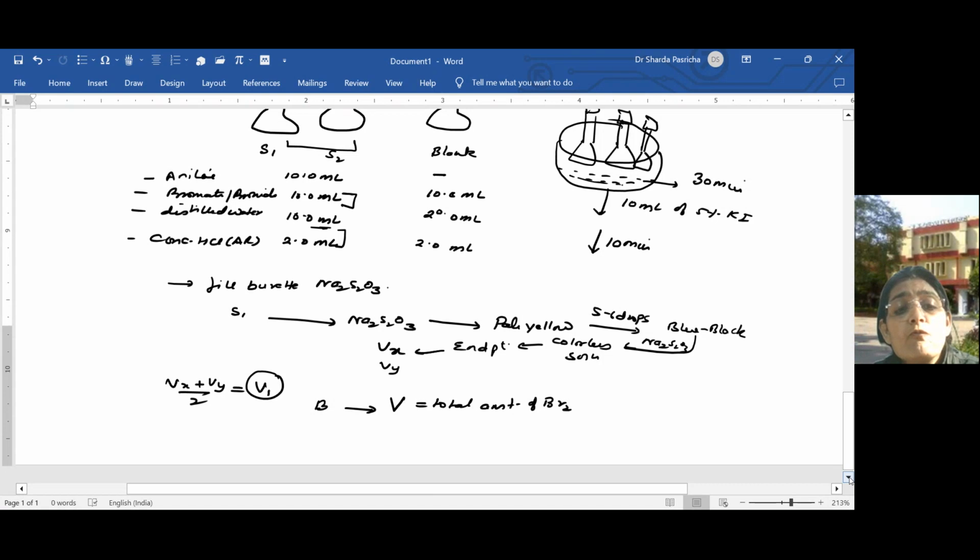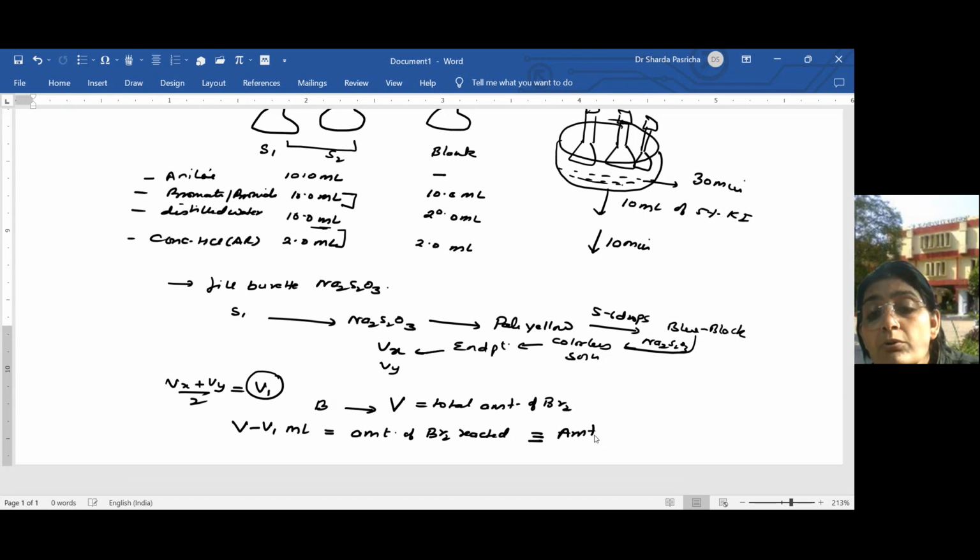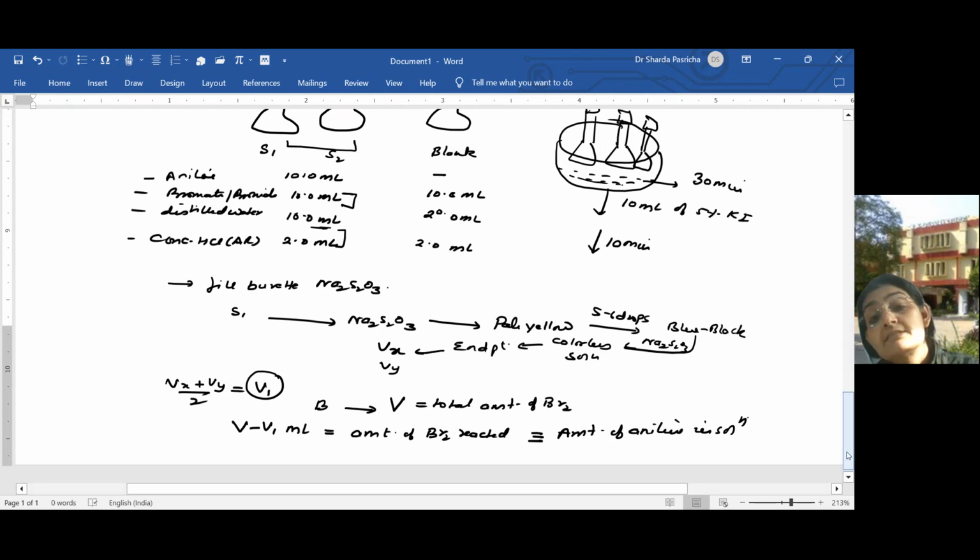So V minus V1 ml will be the amount of bromine which has reacted with aniline, which will be equal to, as I said, the amount of aniline in solution. Now, how are you going to use this to estimate aniline in solution? That we will try and understand.